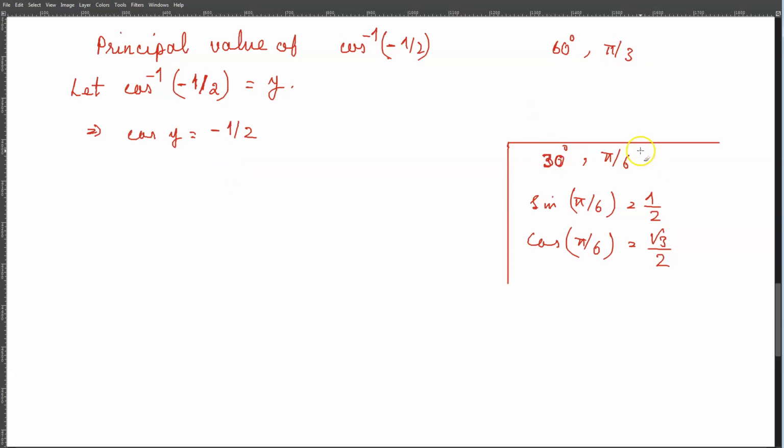It is based on the fact that when you have a right triangle, and in this right triangle, let's assume that you have a 30-degree angle.